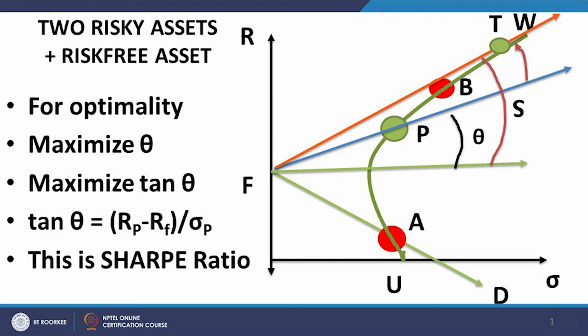If you maximize the slope of any line which starts from f and intersects the hyperbola, then you end up with that line being tangent to the hyperbola. So, if you take an arbitrary line, calculate its slope, which is r p minus r f divided by sigma p, and you maximize this, then you end up with the line f t. So, that is what is done in the second method.